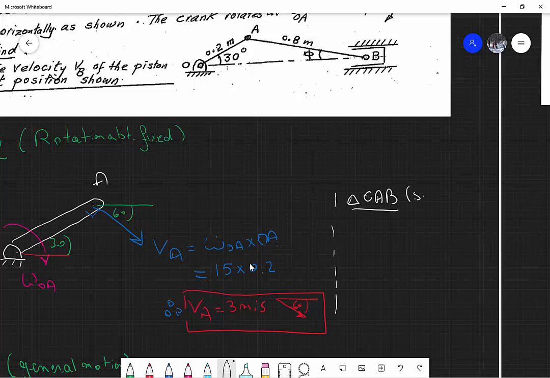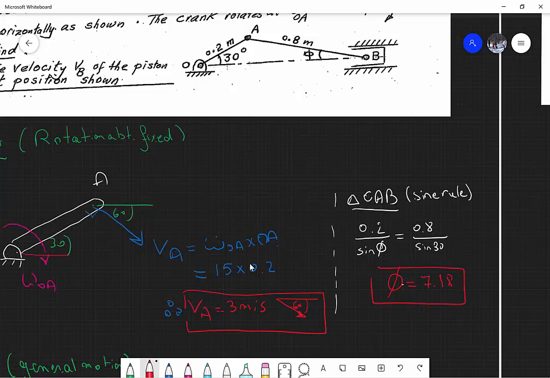We know that 0.2 over sine phi equals 0.8 over sine 30. So we can find that phi equals 7.18. This is the phi.